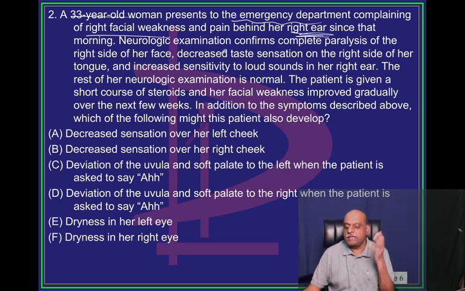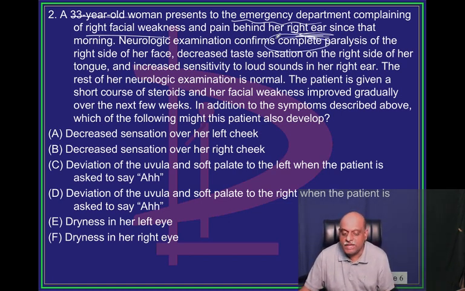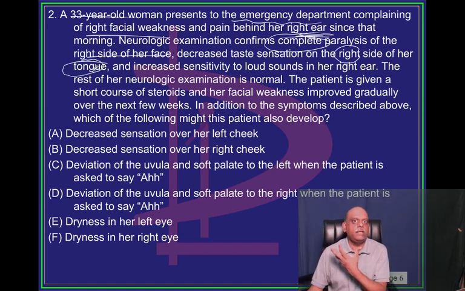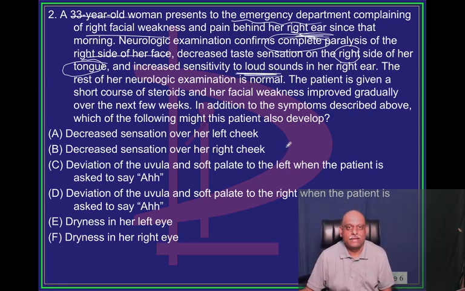The neurological examination confirms that there is a complete paralysis of the right side of her face. There is a decreased taste sensation on the right side of her tongue. There is an increased sensitivity to loud sounds in the right ear. That's called hyperacusis.